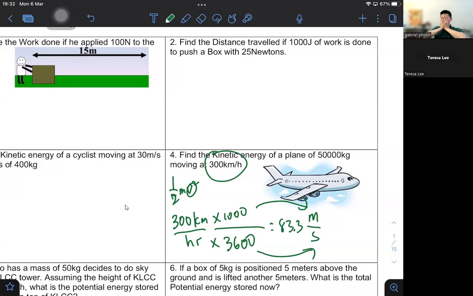Then after you convert it into meters per second, you use the formula half mv square and you should be able to get the answer already. And change your answer to standard form, because you're going to get a damn big number.